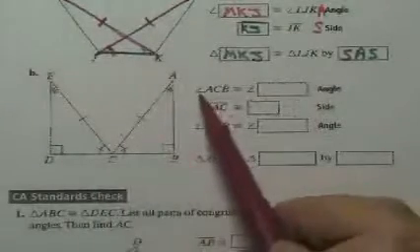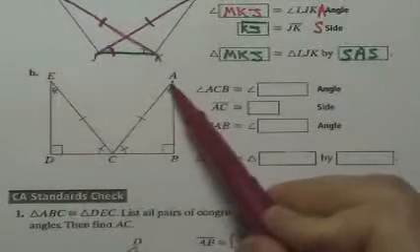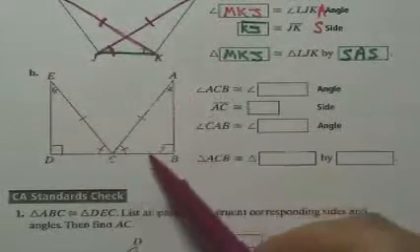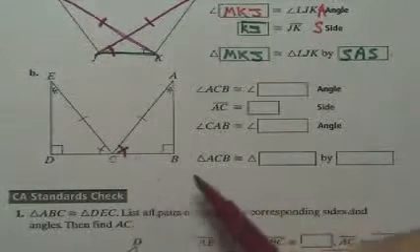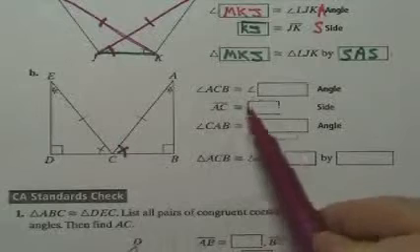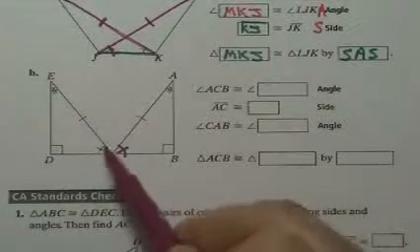Okay, the next one, we have angle ACB. Let's see, here's A, C, B. So this angle right there, the one little mark on it, that is congruent to what on the other triangle? This one right here, isn't it?